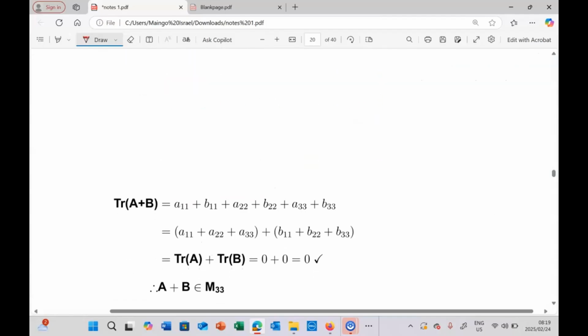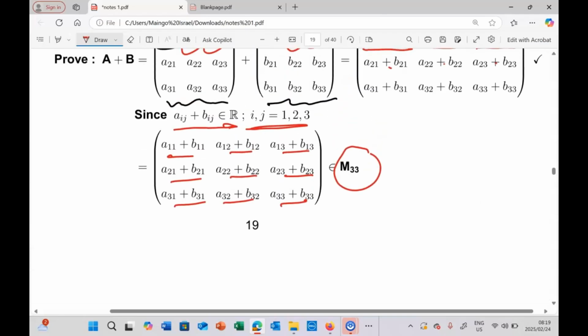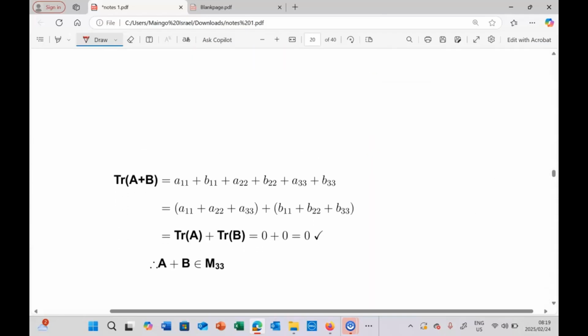So therefore, we need to go to the trace. Now, we are not done. We need to prove that the trace is 0. Remember, according to the set that we are given, there's another condition that we are supposed to show, that the trace, the sum of the diagonal elements, is 0.